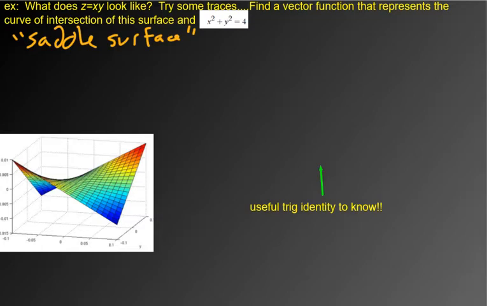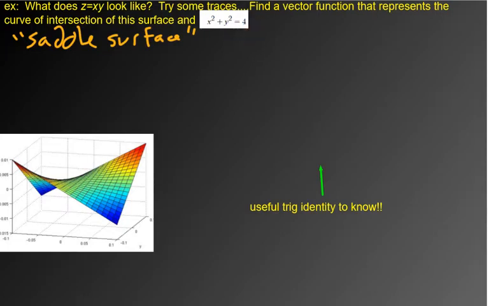So really I want to make sure that we can do the curve of intersection between that and this, which is a cylinder that again is just going to open up in the z direction and go forever and ever. But this one has a circular cross-section, and the radius of it is the square root of 4, which is 2, right?